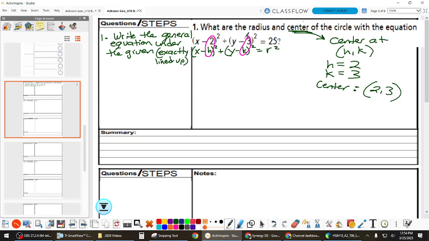Now for the radius, if I circle 25, is that the radius? Is 25 the radius? What is 25 matching up to in our general form equation?